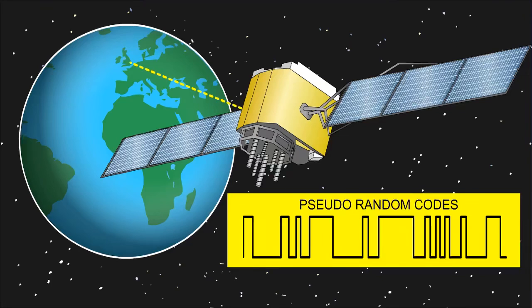Pseudo-random codes identify the satellite and provide the time using a code correlation technique. The range is the time between the satellite signal and the receiver signal codes times the speed of electromagnetic waves.